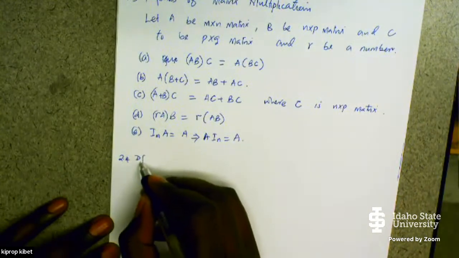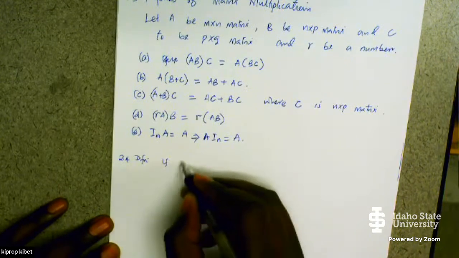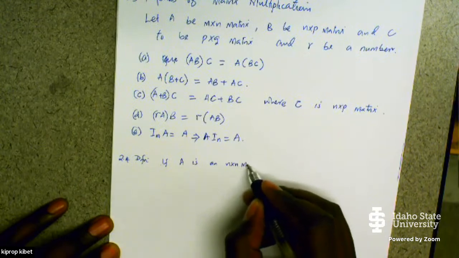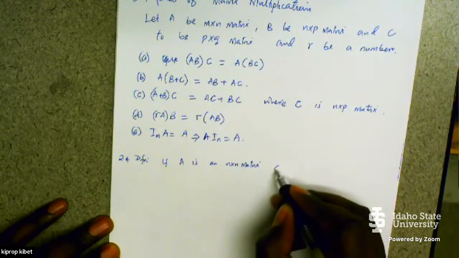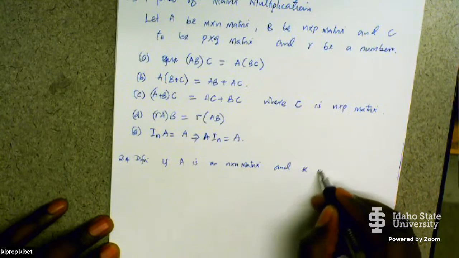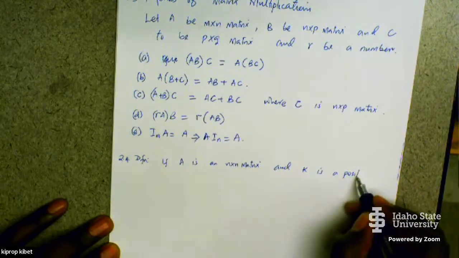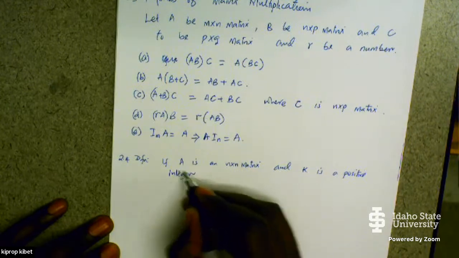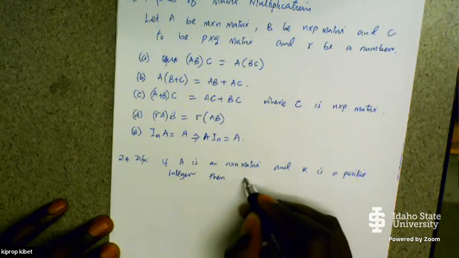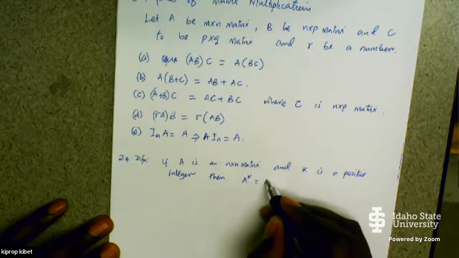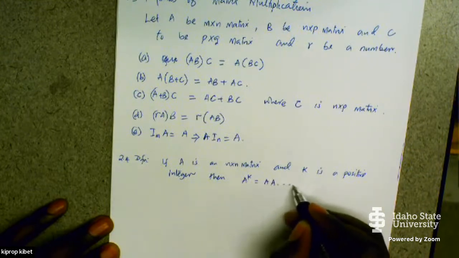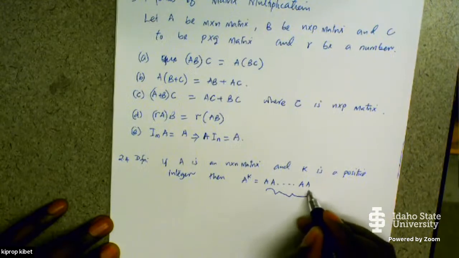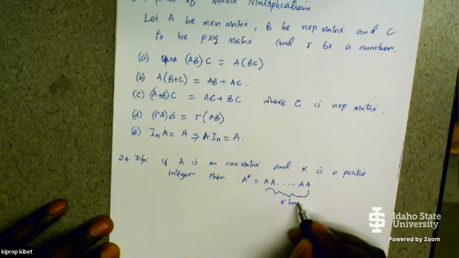2.4 definition. If A is an n by n matrix and K is a positive integer, then A raised to K is the same as A all the way to A, and these are K times.